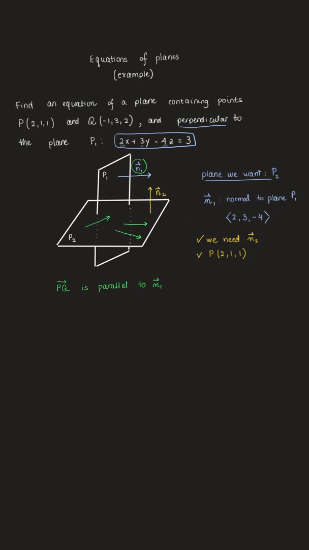So the strategy here will be, let's find the cross product PQ cross n1, and this result will be a vector that is orthogonal to both PQ and n1.